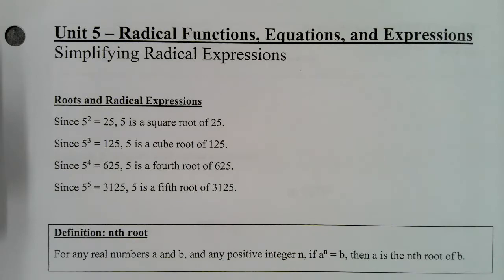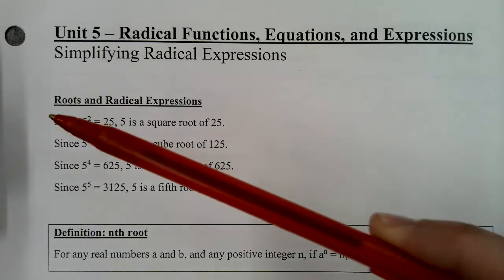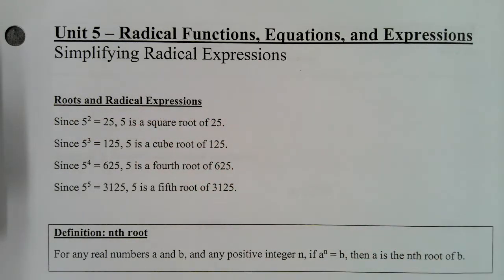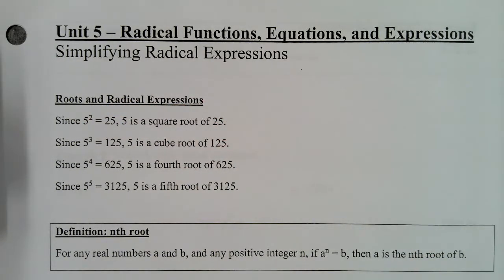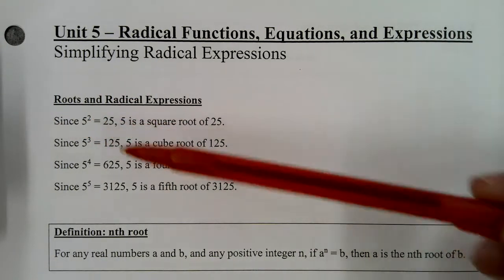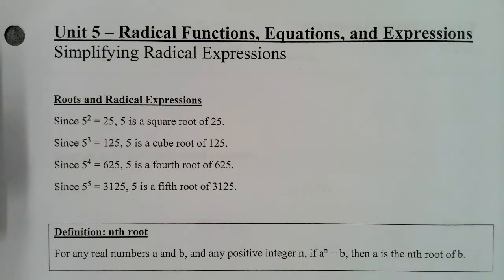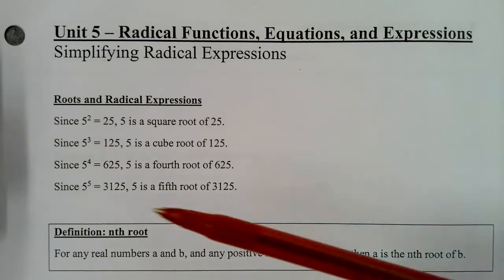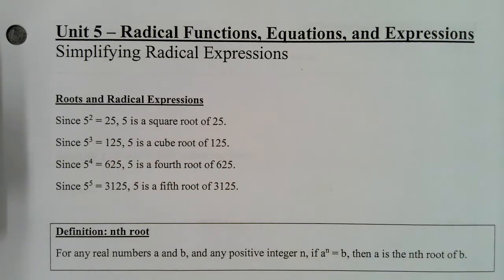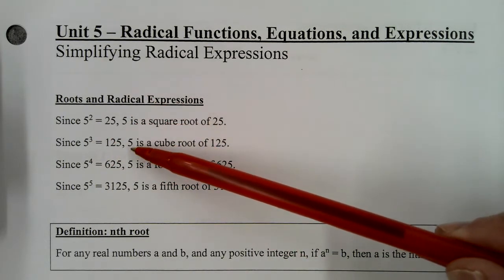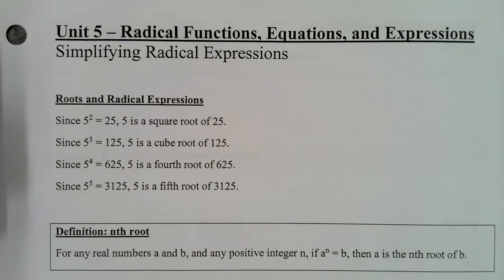Okay? So just a quick summary on what roots and radical expressions are. Since 5 squared equals 25, 5 is a square root of 25. I think most people know that. Since 5 cubed equals 125, 5 is called a cube root of 125.